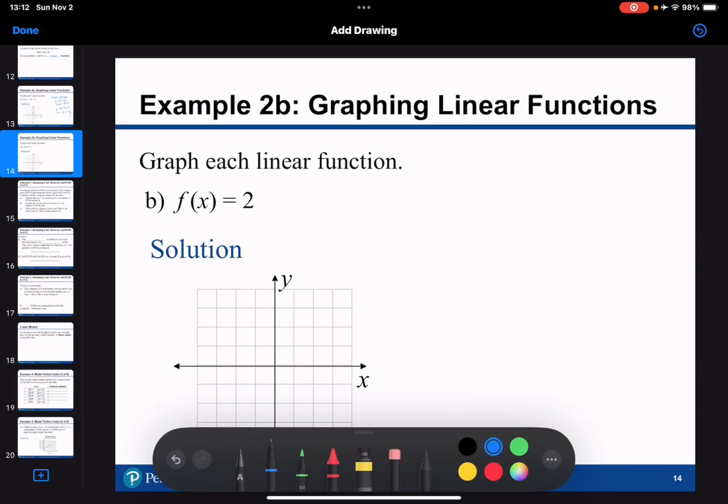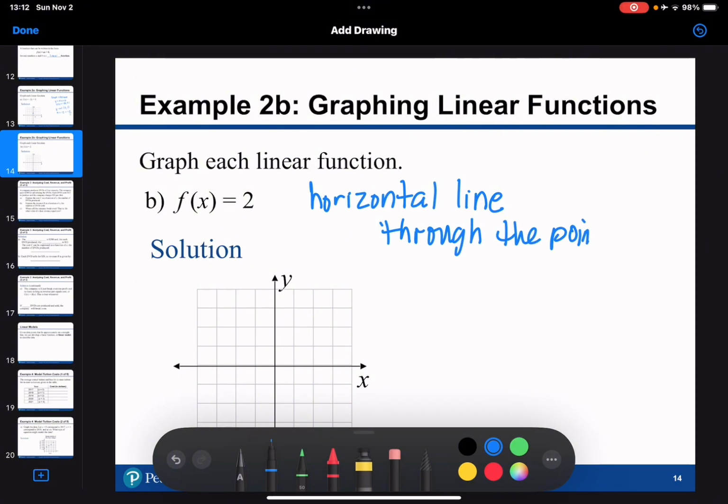Remember, f of x equals 2 is a horizontal line through the point 0, 2. Let me draw a straight line through that.